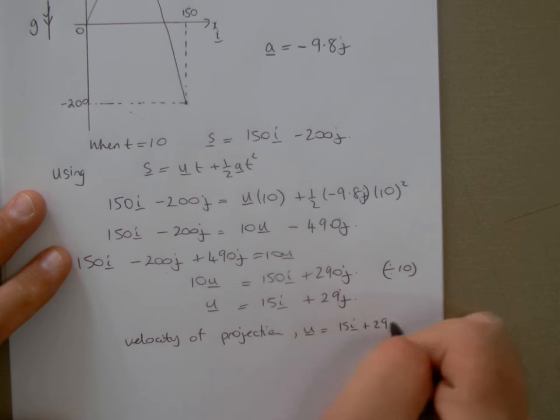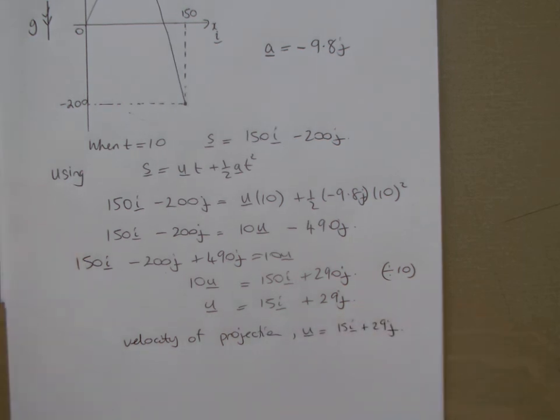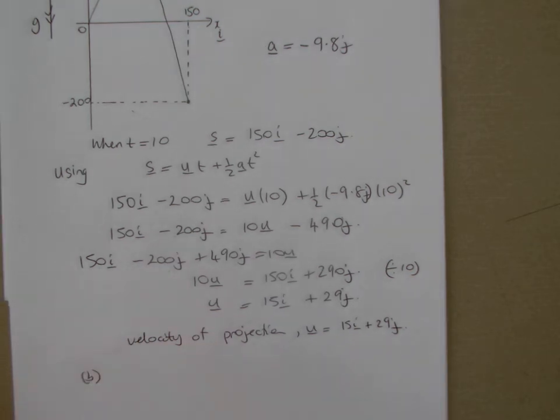Now it says, find the minimum speed of the particle, and perhaps this really should be a hence part, hence find the minimum speed of projection, because if you remember, when it comes to the velocity, the horizontal velocity never changes, doesn't it?